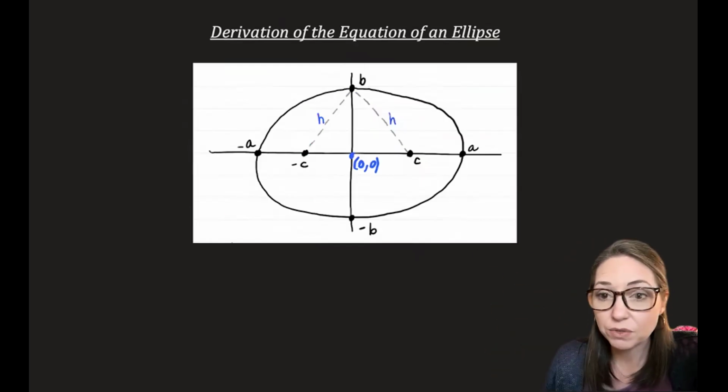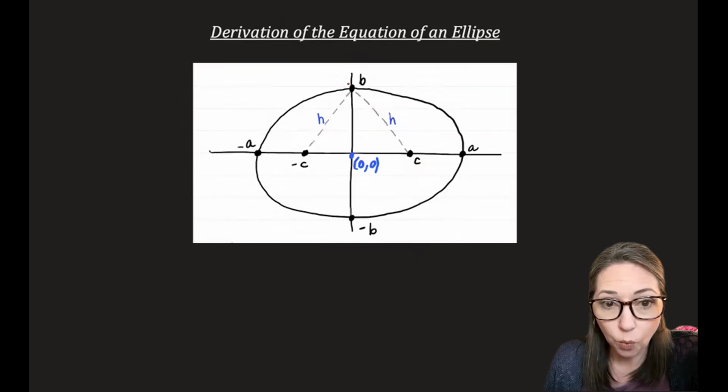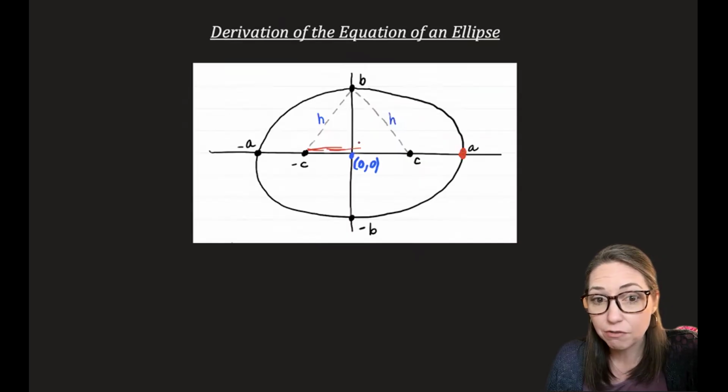One of those distances: what if this random point is over here at A? A is a point on the ellipse. So the distance from this focus to A is C, the distance from here to the origin, plus A, the distance from the origin to there.